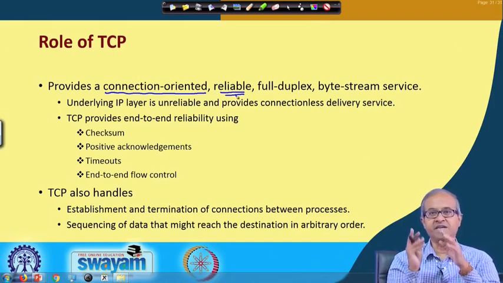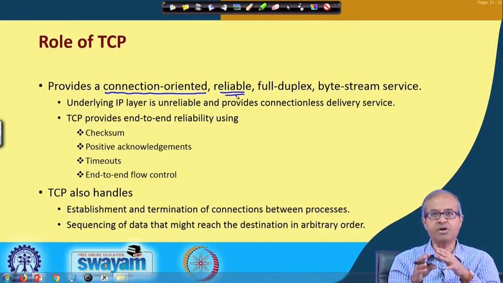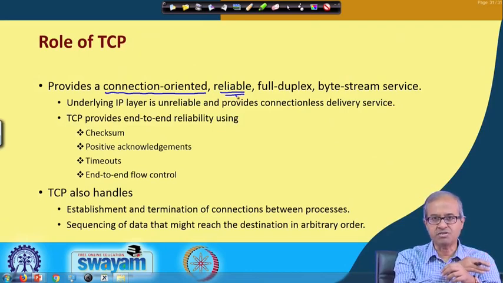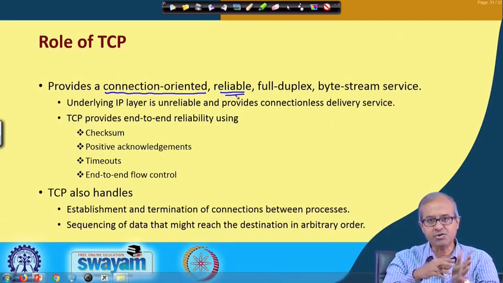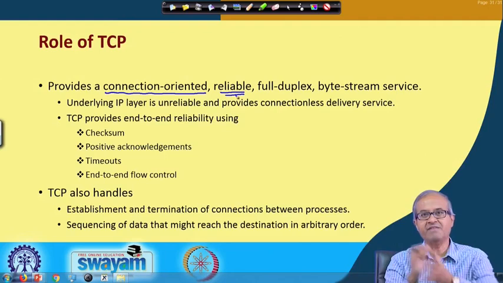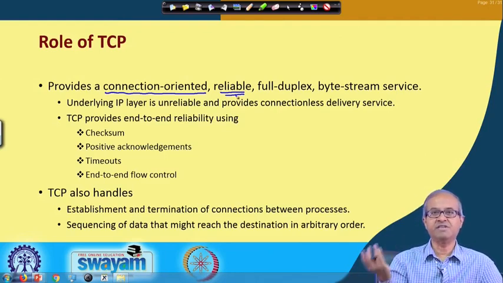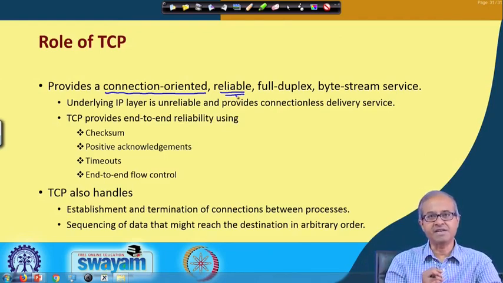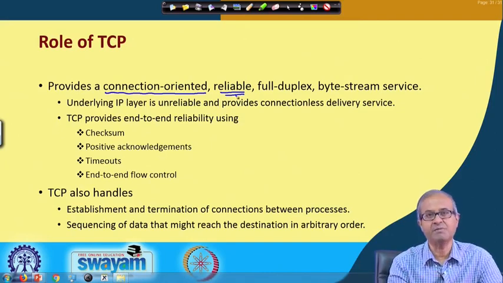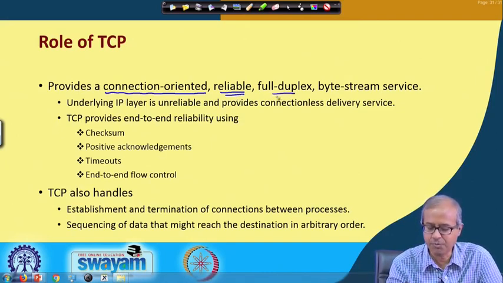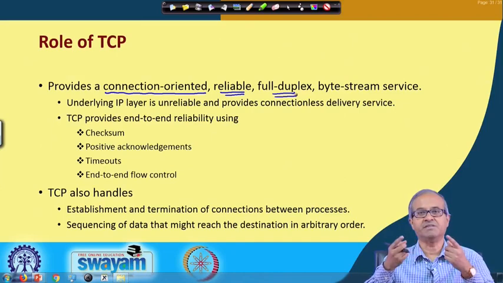Reliable means if there is any data corruption during transmission, some data packets are getting lost or get corrupted, TCP is supposed to keep track of that, and if something is wrong, the source or the sender will be requested to again send the relevant part of the data, so that the receiver can receive the data in a correct way. That is reliability.